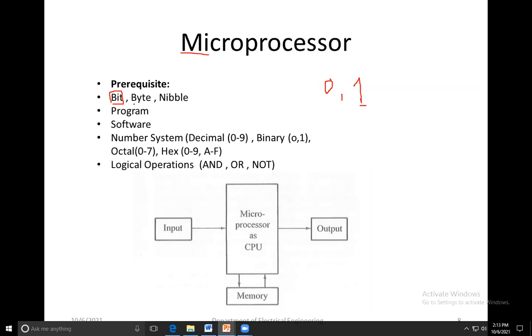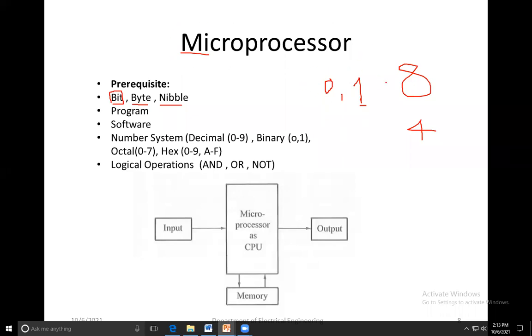Byte means if you collect 8 bits together, this is called a byte. And nibble means you collect 4 bits: 8 bits for the byte and 4 bits for the nibble. So this is the bit and byte. This is the binary system, because all microprocessors work in the binary system.